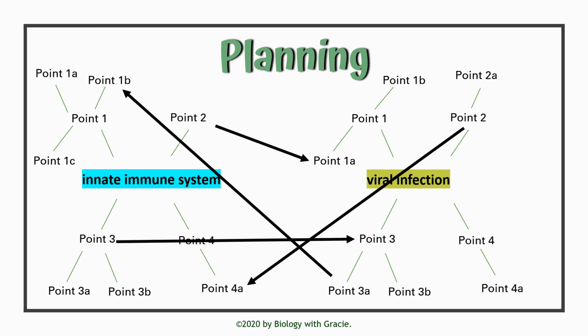And then we can link that to point 3A for viral infection, which could be how viral cells try to evade dendritic cells or evade the immune system. So what we can do is put all our answer points down for each key term and then really try and link them together. That way we're creating more of a comprehensive essay.